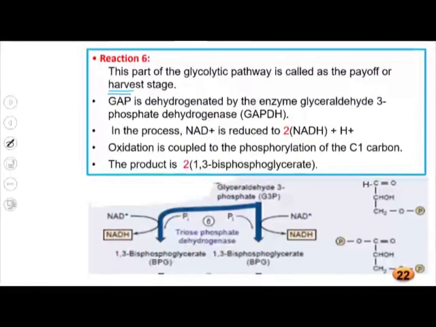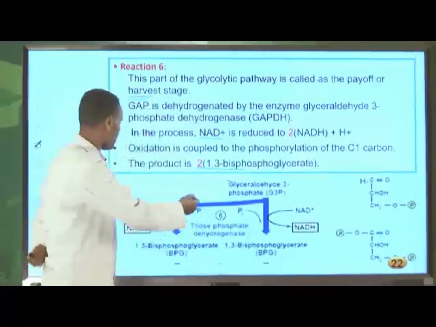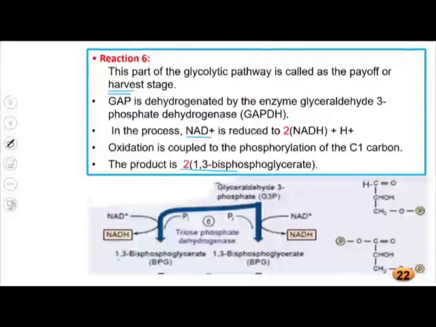In the process, NAD positive is reduced to NADH, and oxidation is coupled to the phosphorylation of carbon. Then the product is 2 molecules of 1,3-bisphosphoglycerate. Here, the glyceraldehyde 3-phosphate is converted into 1,3-bisphosphoglycerate. It is 2 molecules because the glucose was cleaved in the 5th reaction.